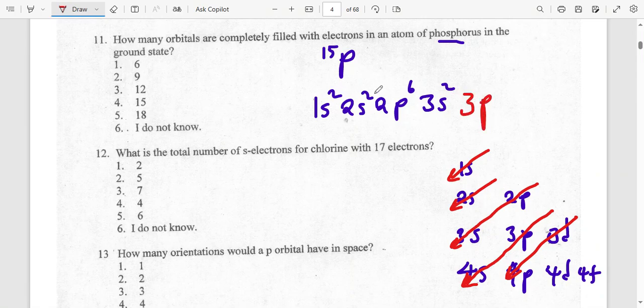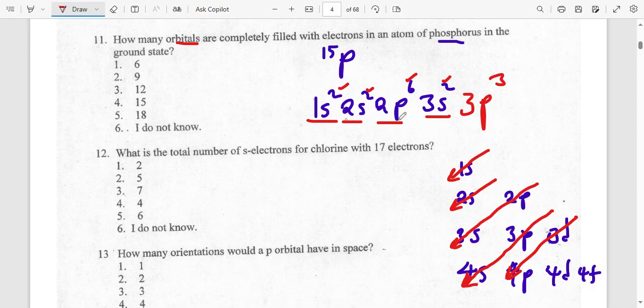Now we have already used up 2 electrons, 4, 10, 12. From the 15 remaining was only 3. So put 3 here. So how many orbitals are completely filled up? You can see 1, 2, 3, 4. We have completely filled up 4 orbitals.